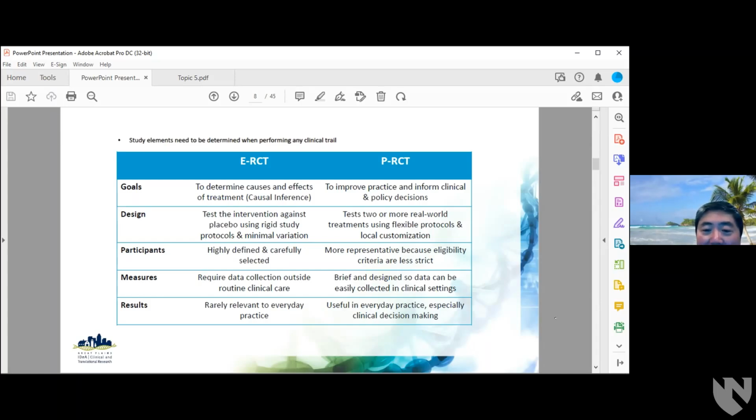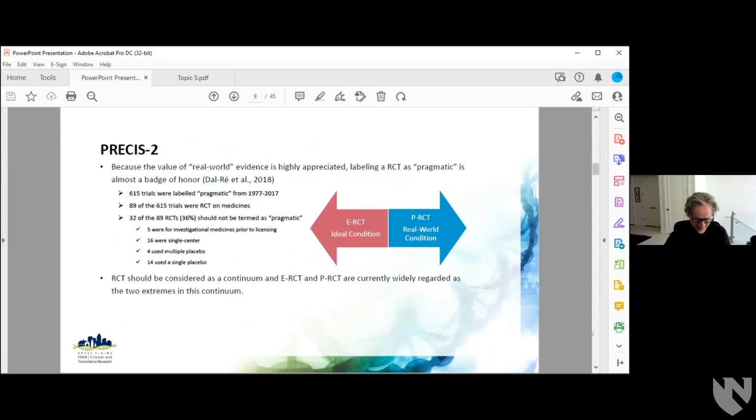The investigators I've worked with in the past first think about whether we can do a randomized trial. If you indeed cannot do that, then how are we going to implement this treatment? Anyway, this is not my focus.